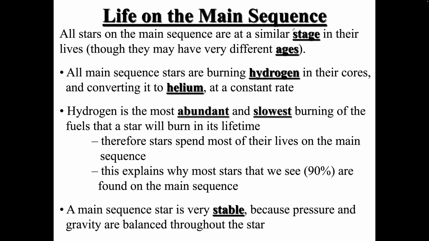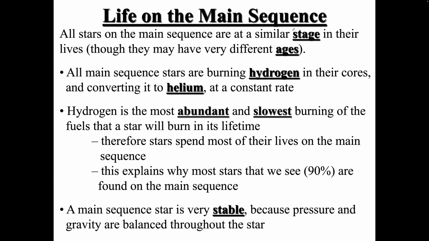The thing that you need to understand here is that each and every star on that main sequence will do this, right? The only difference is that these stars have different ages, depending on the location of the stars on the main sequence. However, what they are doing is similar, right? So that's what you have to understand.